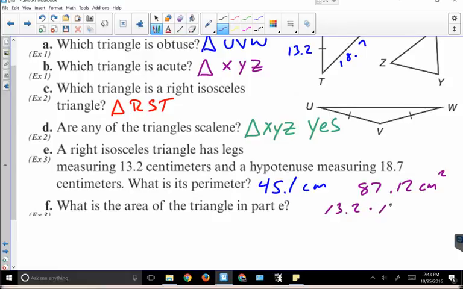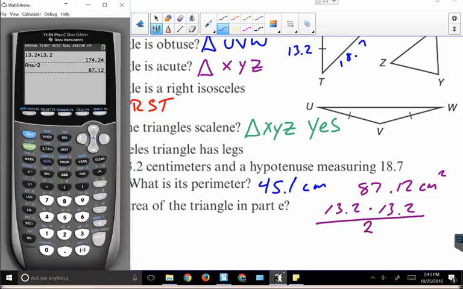Yep, 13.2. And then I have to divide it by what? 2. So, well, we'll just check this out with the calculator once here, and we shall see. So we clear this out. We get 13.2 times 13.2, divide it by 2, and I end up with 87.12. Absolutely correct.